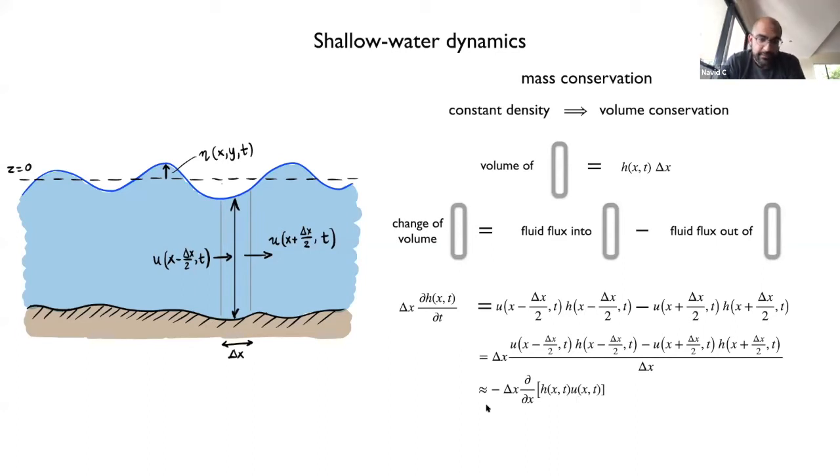So delta x cancels out here, and then we have an equation that determines the height of the fluid at every point. We can do the same thing in the y direction, and if we gather everything, then we'll have this equation.